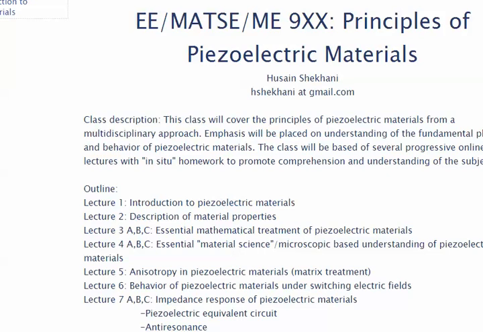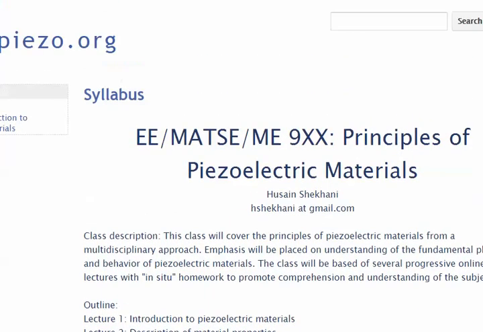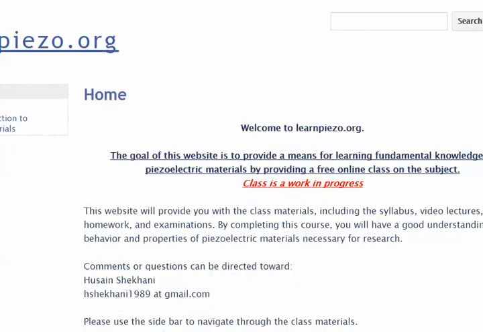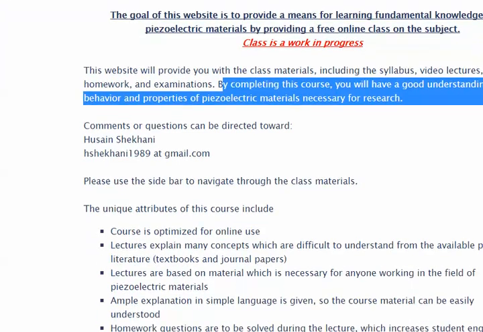We'll focus on the fundamental concepts, and I believe this will accurately prepare a person to do research in this field and actually understand what they're doing. I mentioned on the homepage that by completing this course, you'll have a good understanding of piezoelectric material properties, which will be necessary for research.